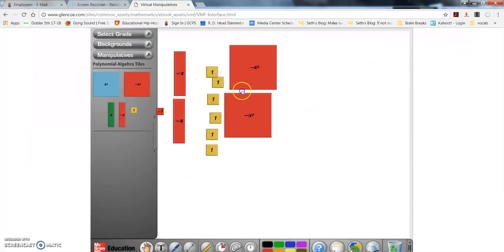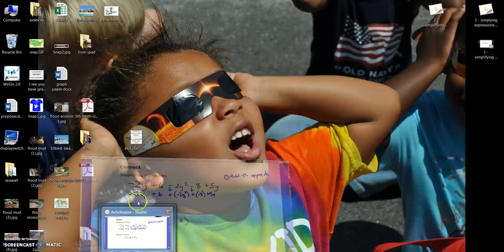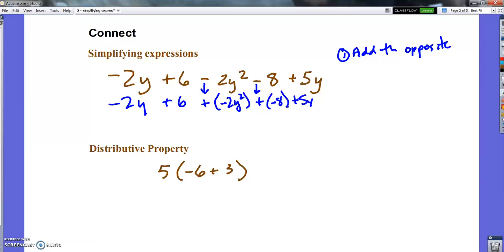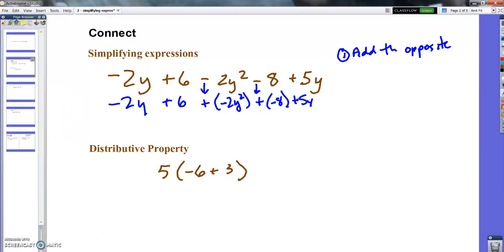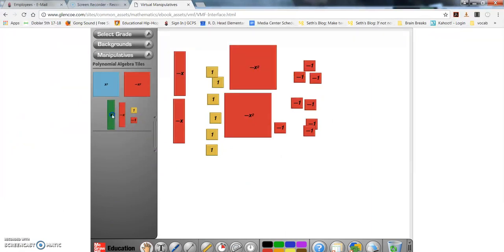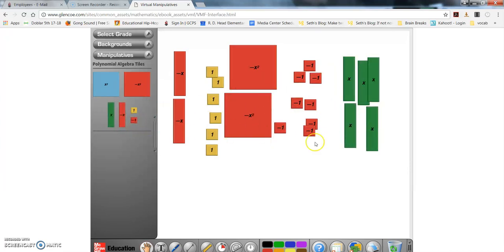Negative 8. 1, 2, 3, 4, 5, 6, 7, 8. And then my last term was 5y. 1, 2, 3, 4, and 5. So that was how I set it up.